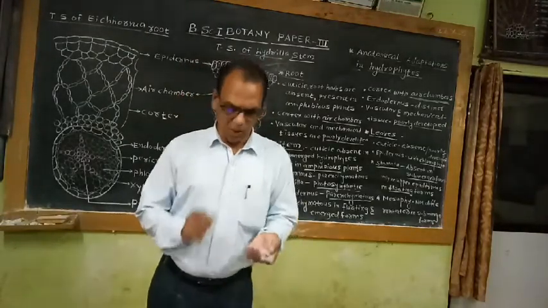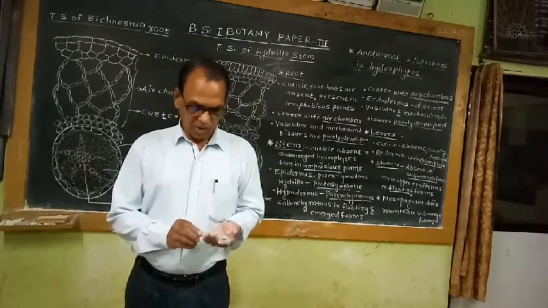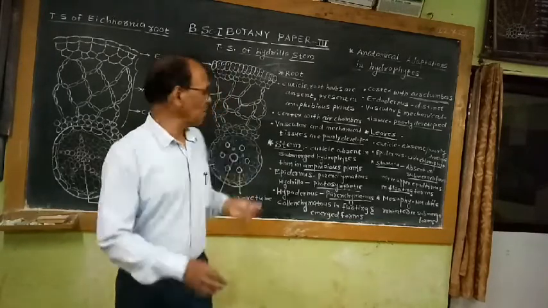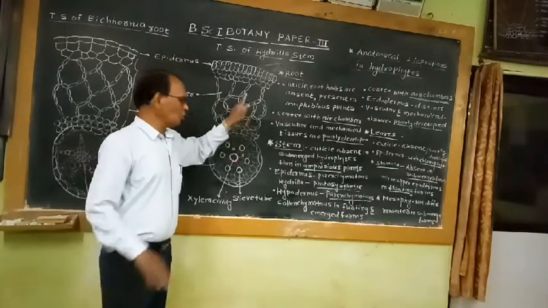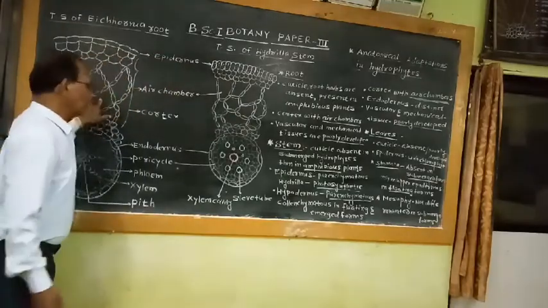Then CO2 evolved during respiration is partly utilized for photosynthesis and is stored in the air chambers. Air chambers are prominently observed in stem, root, as well as leaves.